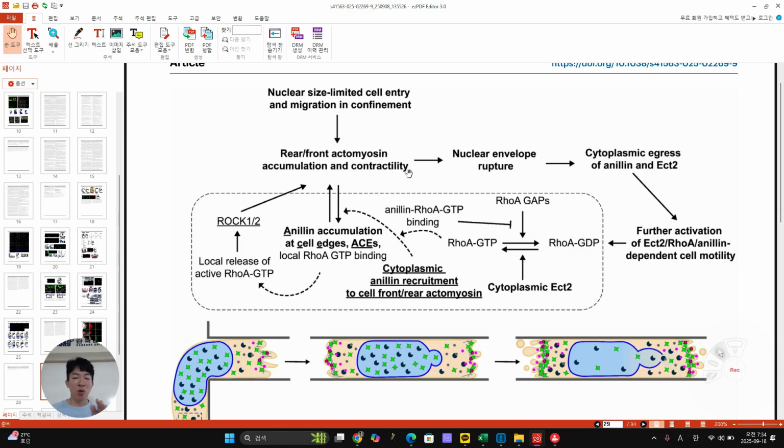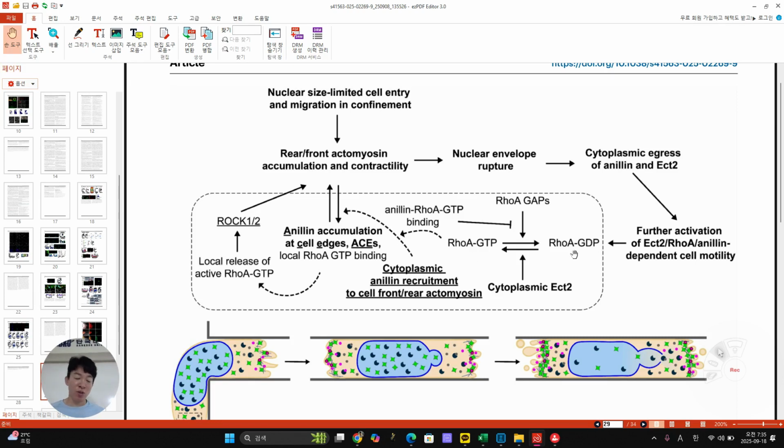And then when they migrate a little bit, the nuclear envelope ruptures, right? And then from the nucleus, anillin and Act2 are released, and they are deposited in the cytoplasm. Because of that, this anillin and Act2 are localized again in the rear and front area, and then actual RhoA anillin cell motility is happening.